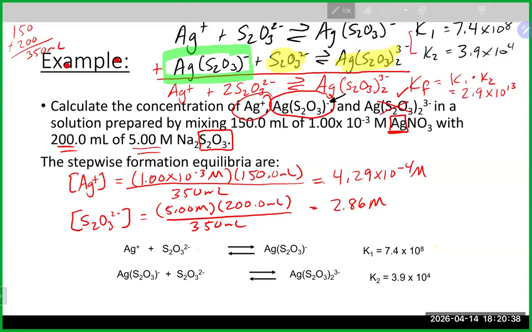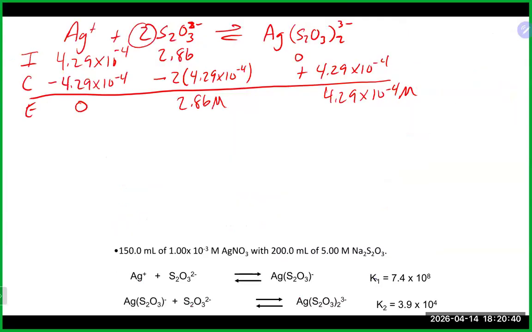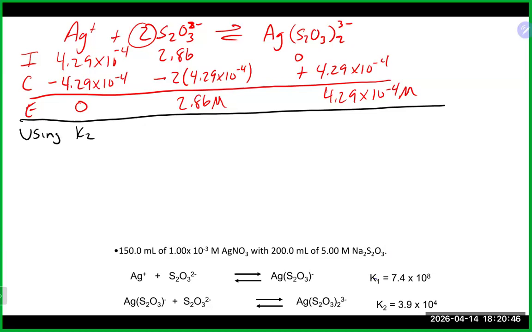So if I do that, again, coming back here and using the K2 step, I will write my equilibrium expression, which is my K2 equals 3.9 times 10 to the 4.